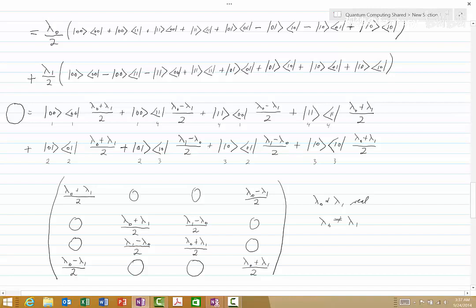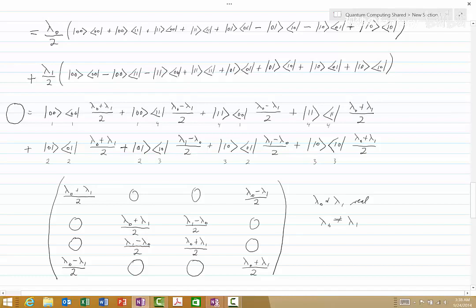We have a 0 here, and here, here, here, here, here, here, and here. Lambda 0 plus lambda 1 over 2 in all of the diagonal terms. And then lambda 0 minus lambda 1 over 2 in the upper right-hand corner and lower left-hand corner. And then in these two terms, we have lambda 1 minus lambda 0 over 2.